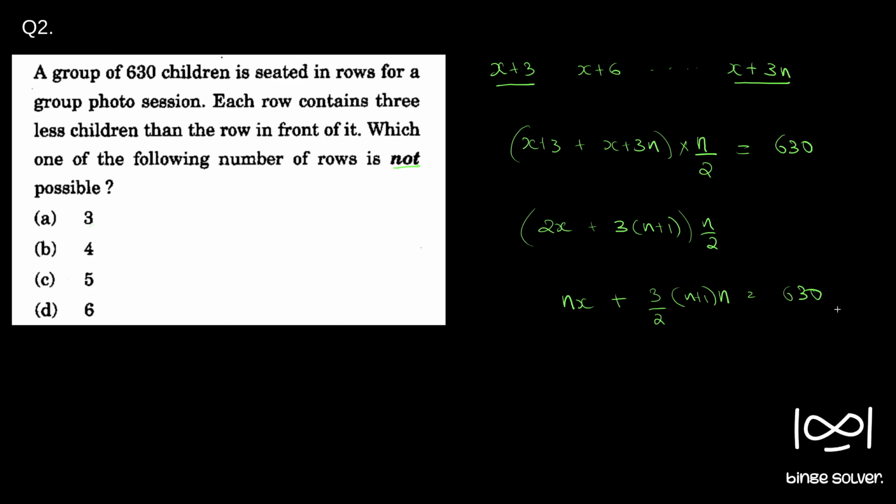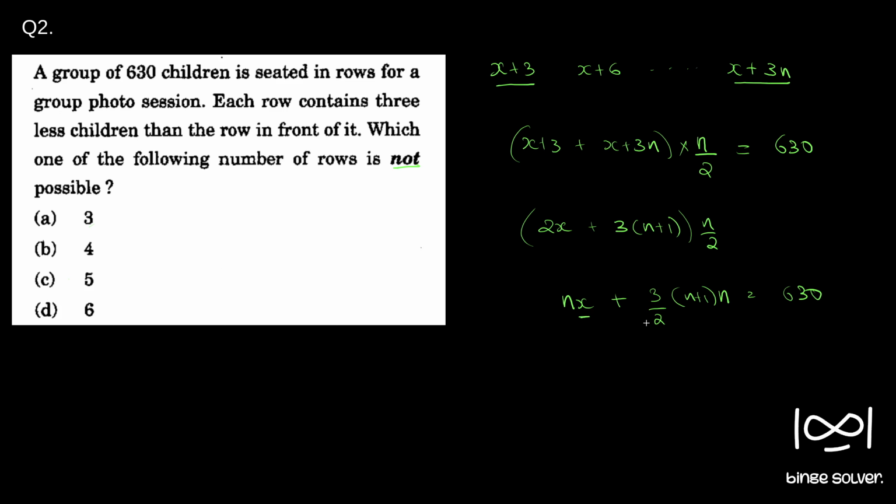Now this is a general formula. You can apply it for each n and check whether we get a whole number x. If x is a fraction, that means we cannot arrange it in this manner. So you can check for each n.